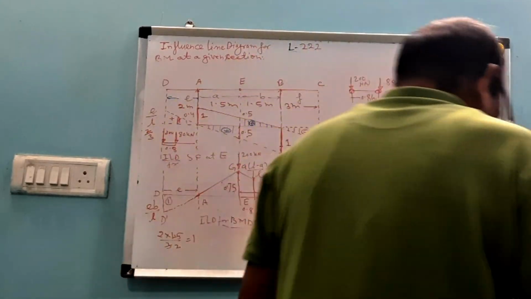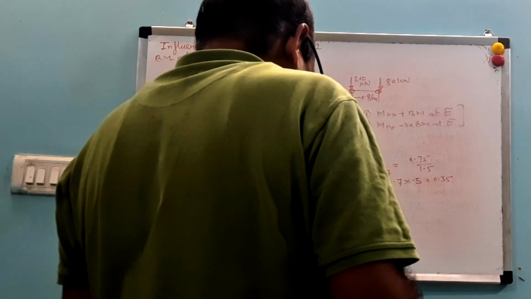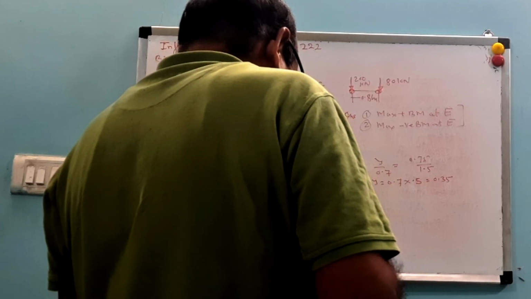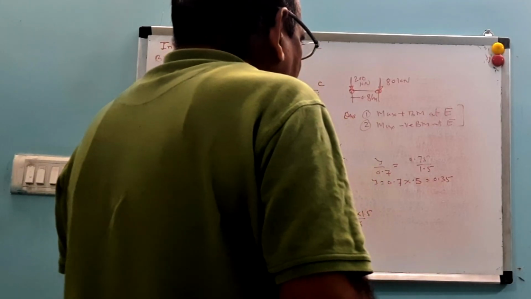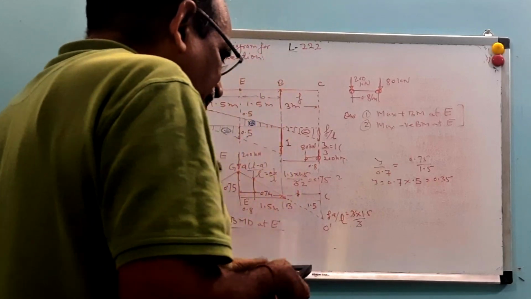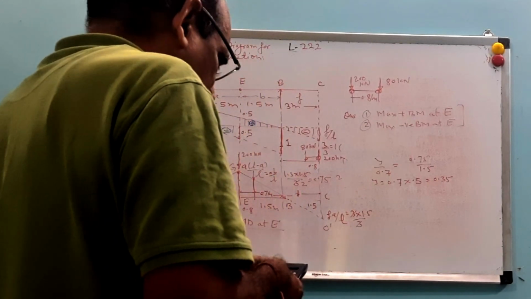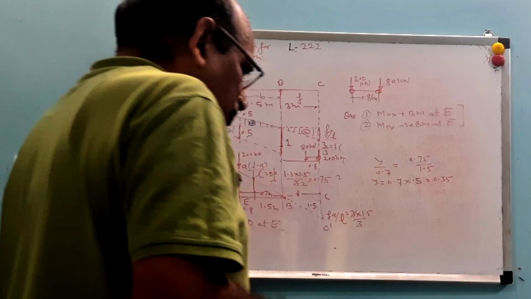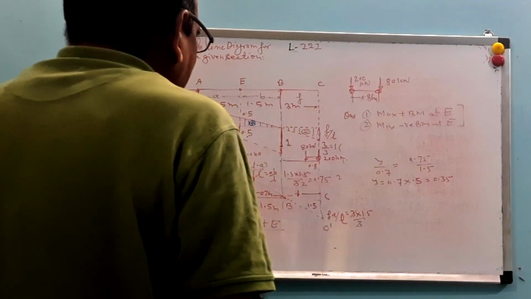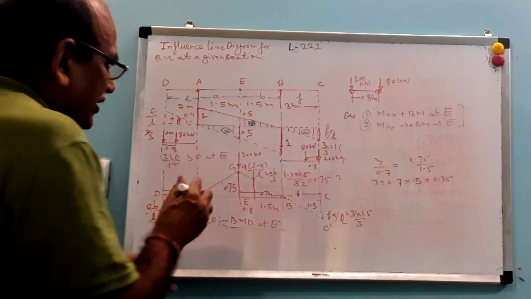We can check it again. This is 0.75 divided by 1.5, which is 0.5, multiplied by 0.7. This is 0.35. So we are getting this 0.35.